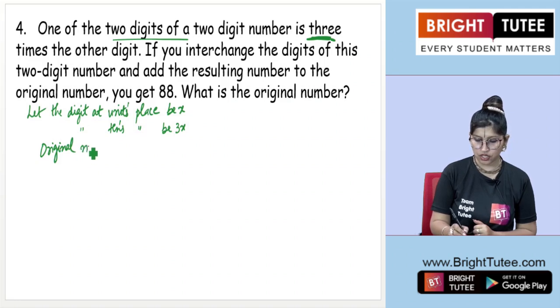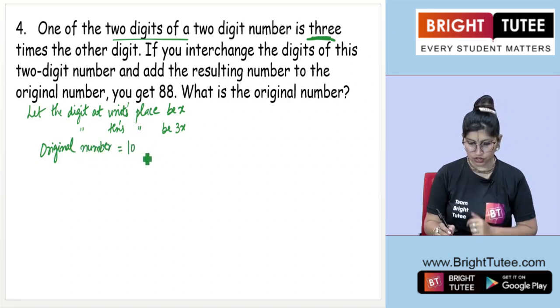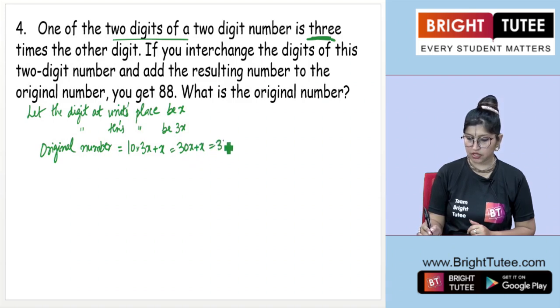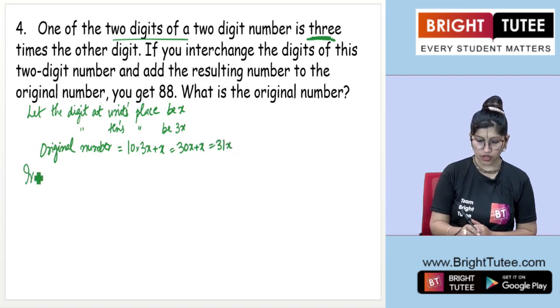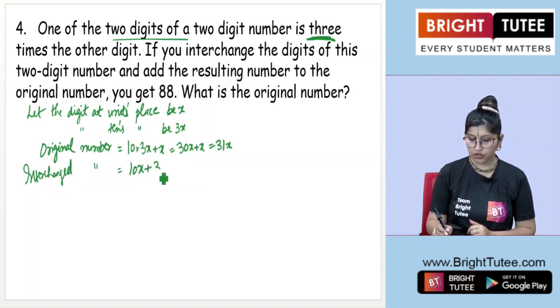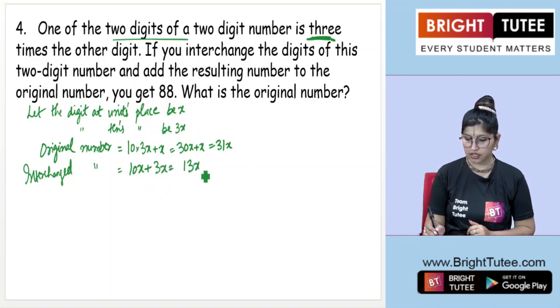Now if you interchange the digits, what will be the original number which we have? So original number is 10 into 3x plus x, which is 30x plus x, which is 31x. Now interchanged number will be 10x plus 3x, it means it is 13x.